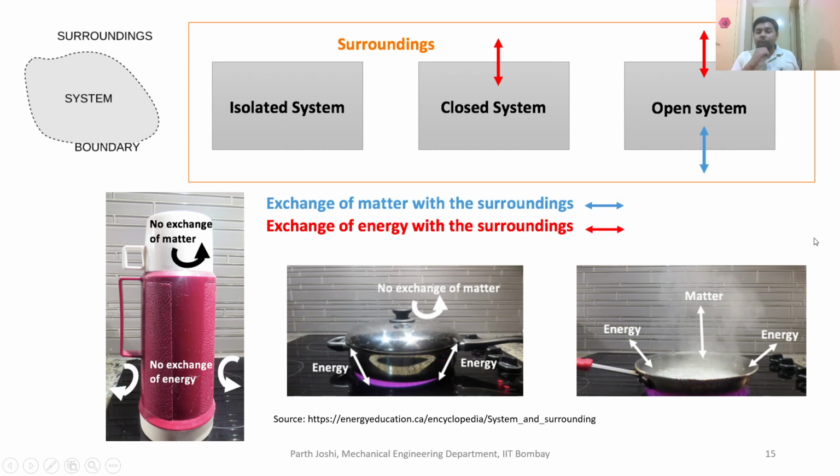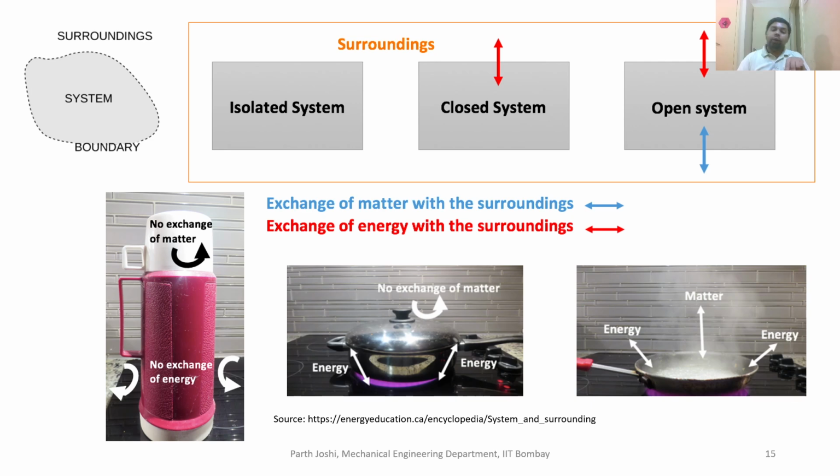The stove is providing heat, or energy, and food or water is boiling in the pan. It is exchanging energy with the surroundings, and water is getting evaporated, so the water vapor is leaving the pan and entering the atmosphere. So there is exchange of both energy as well as matter in this case.